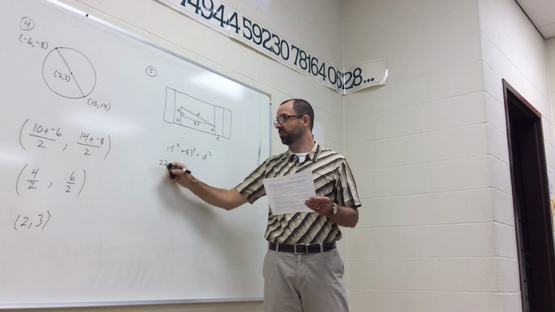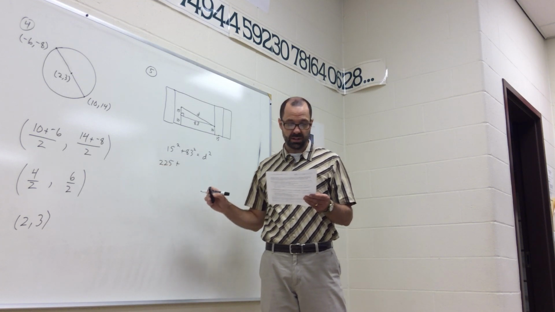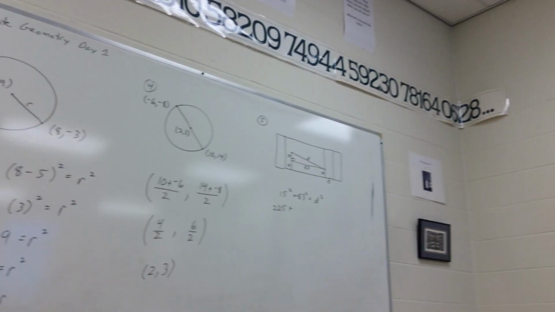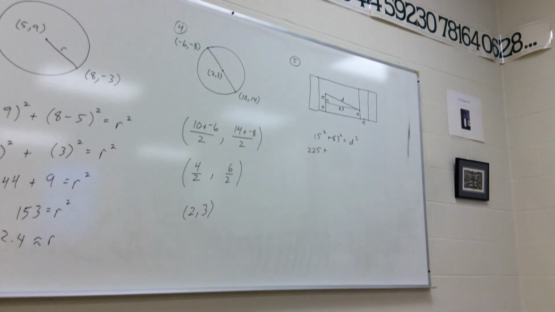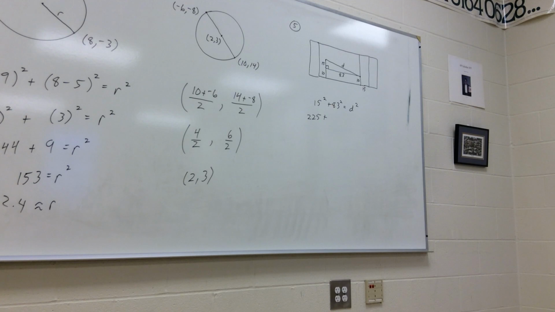So 15 squared is 225, and 83 squared is pretty big. I think it's like something like 6,000. I did it last period, but I don't remember. Yeah, 6,889.